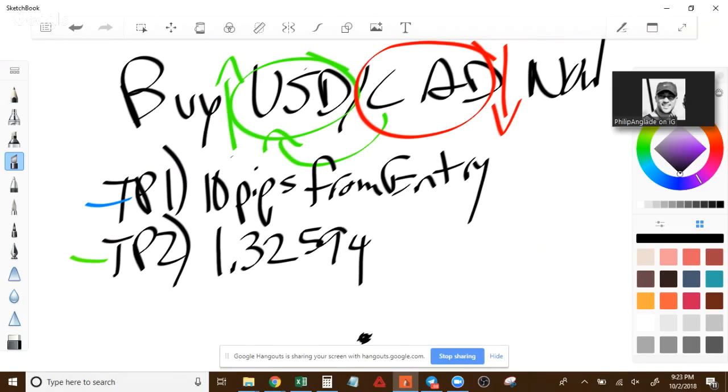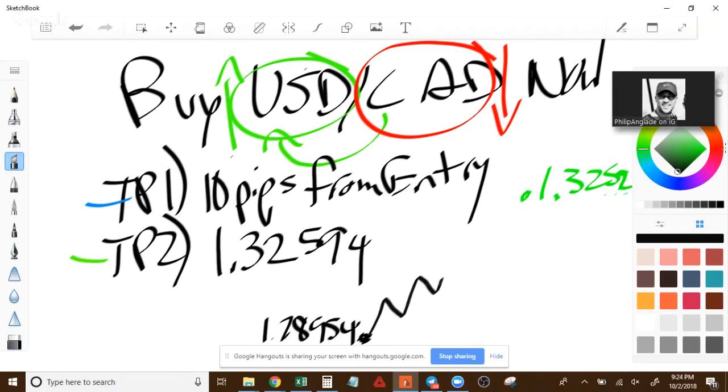Let's say price currently is 1.28954, something like that. And you expect price to go up to that 1.32 area, right? You expect the price to go to that 1.3594 area, right? Now, what's going to happen is price is going to go up, right?